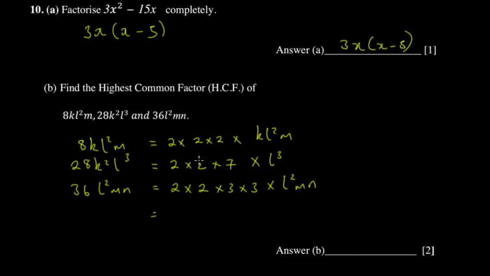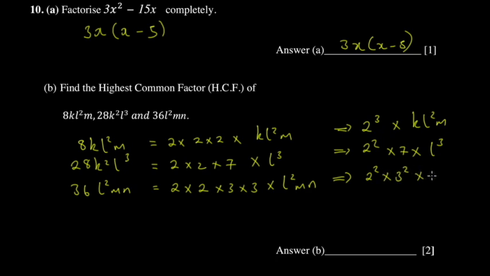If you wanted, you could even write this in index form, which is particularly useful. So 2 to the power 3 times k l squared m. Then you have 2 to the power 2 times 7 times l cubed, and 2 to the power 2 times 3 to the power 2 times l squared m n, like this.